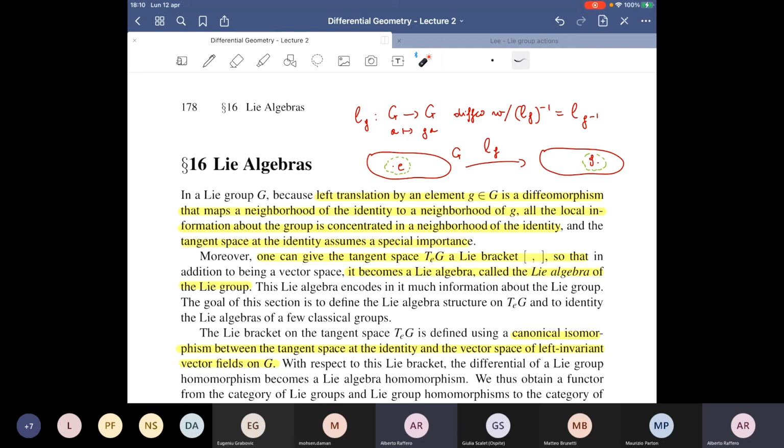So in this sense, you see that the tangent space at the identity has some kind of special importance, because once you know what's going on near the identity, then using these left multiplication maps, you will know what's going on in other points of your Lie group.